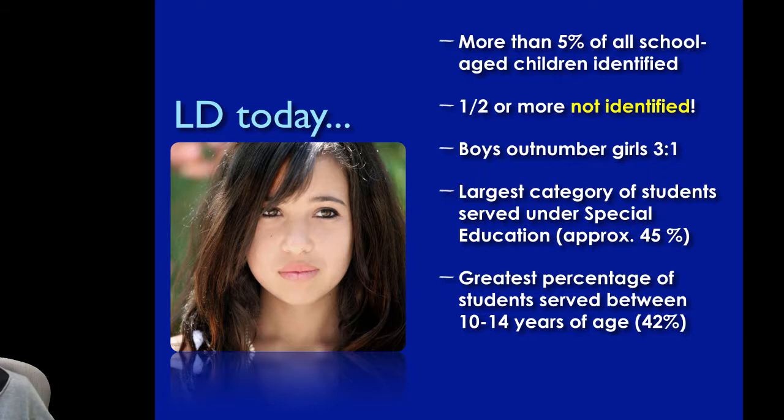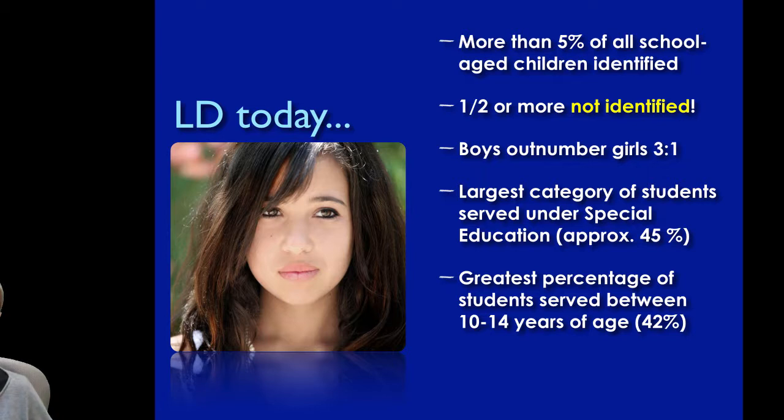So just as many students who are gifted, who have average intelligence, those who have intellectual disabilities, experience the neurological disorders or differences that are associated with learning disabilities. So if 10-15% of people have learning disabilities, 10 to 15% of students who are gifted have learning disabilities.